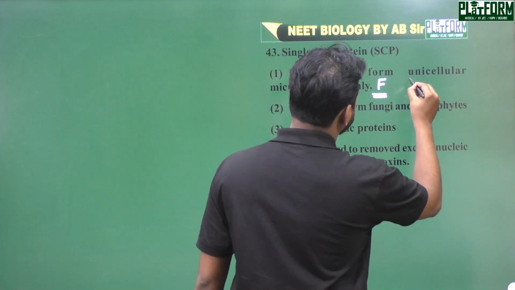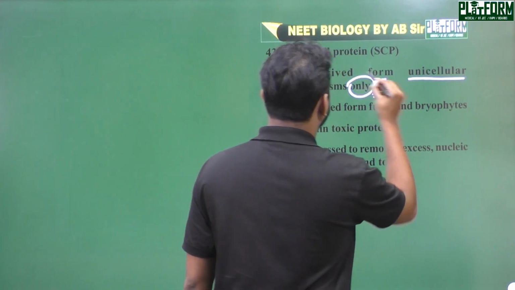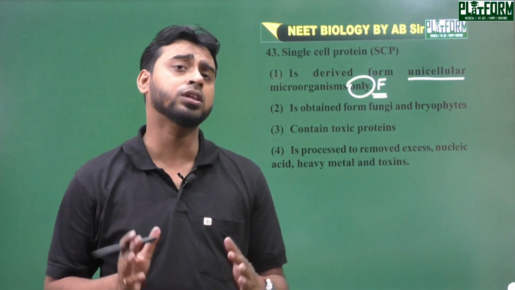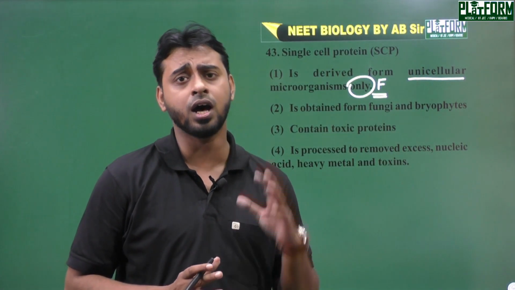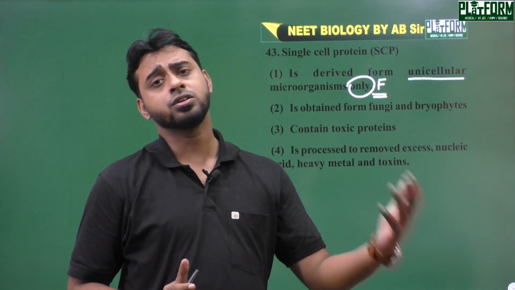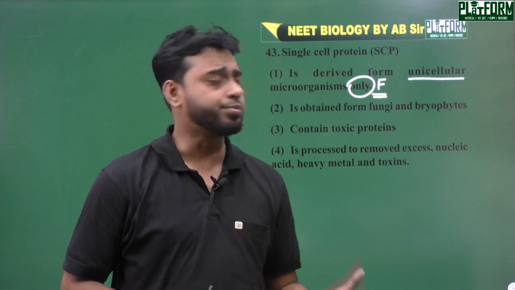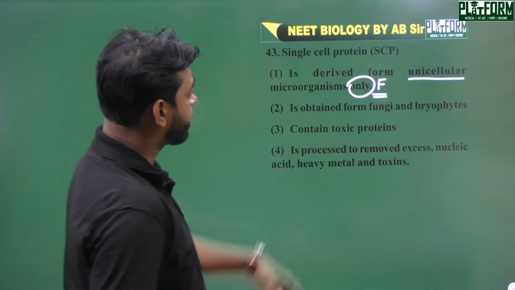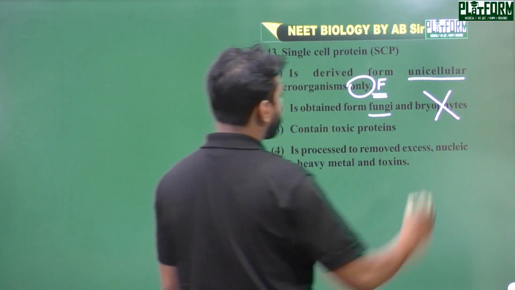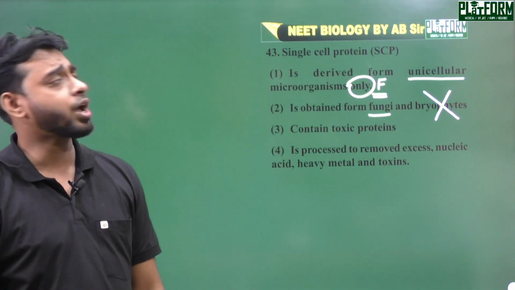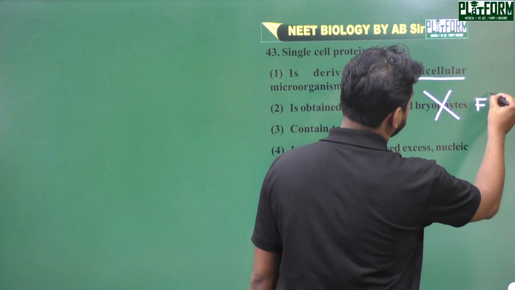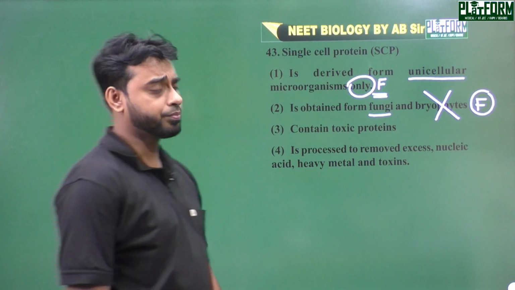Not only unicellular organisms, but multicellular organisms as well, both are involved in the production of single cell protein. We know that fungus can also be used as a single cell protein. It is obtained from fungi and bryophyte. No, bryophyte is not at all used in the production of single cell protein. So this statement is also wrong.